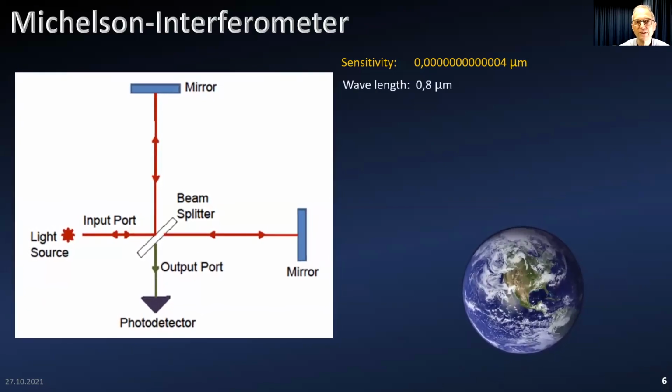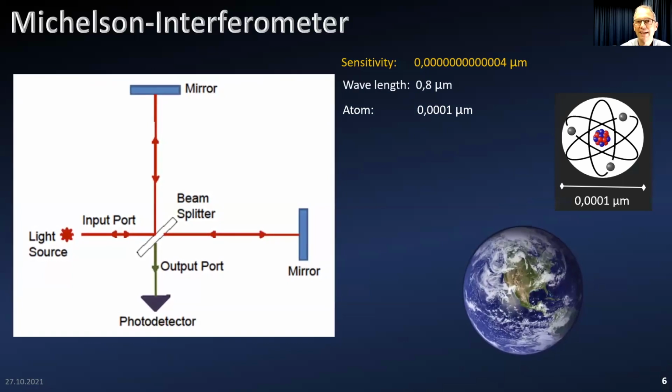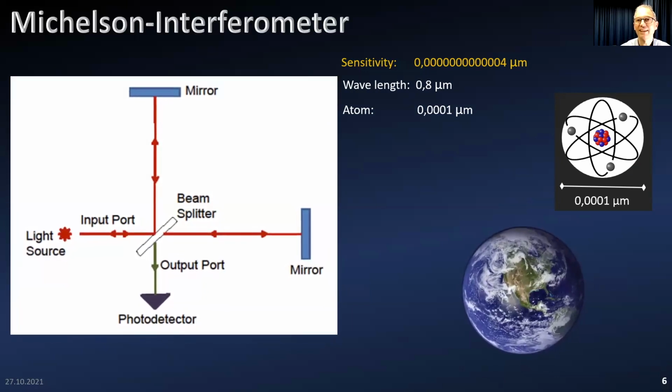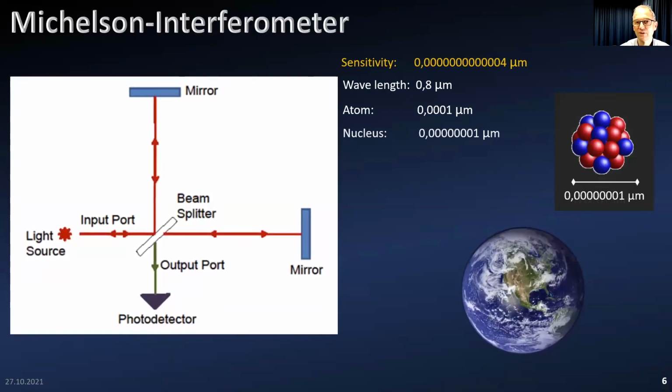For reference, this is the wavelength of the laser in the same units. This is the size of an atom in micrometers, an angstrom. So you can see the sensitivity is much better than the size of an atom. If such a mirror moves by the diameter of an atom, it would create a gigantic signal in the telescope. This is the size of a nucleus, a factor of 10,000 smaller.